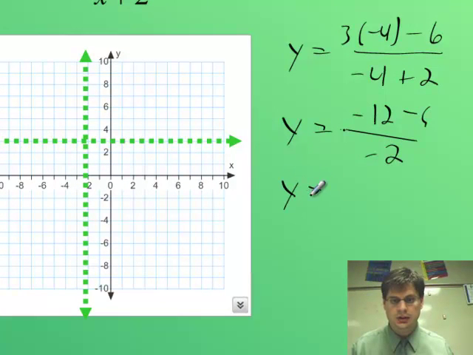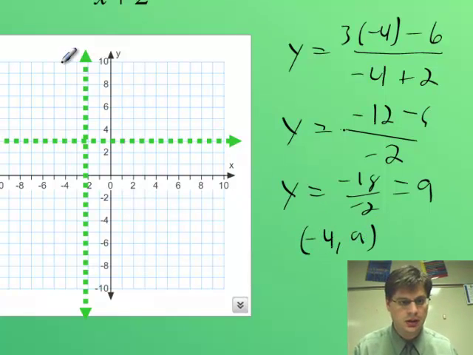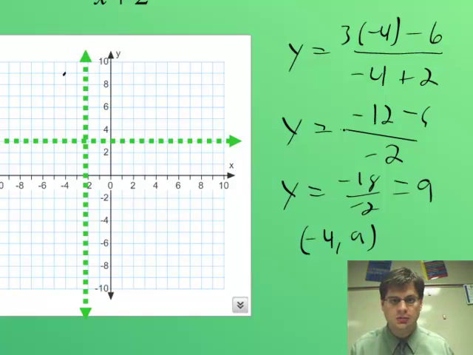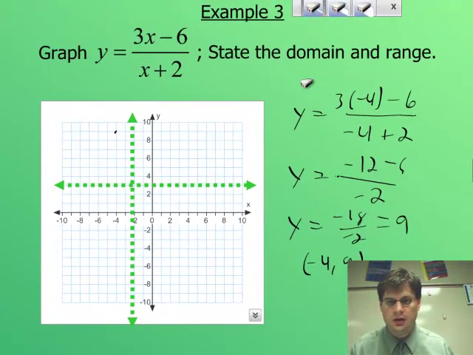So that will be negative 18 over negative 2, and that's going to give us 9. So it'll be negative 4 and positive 9, so I should have a point there, negative 4, positive 9, and then you would find another point.